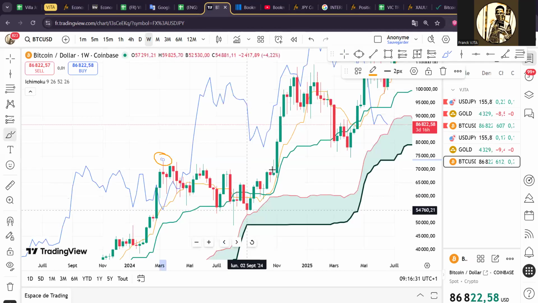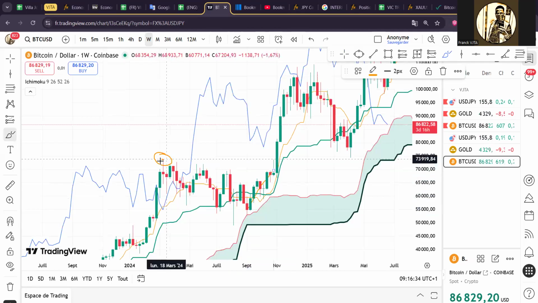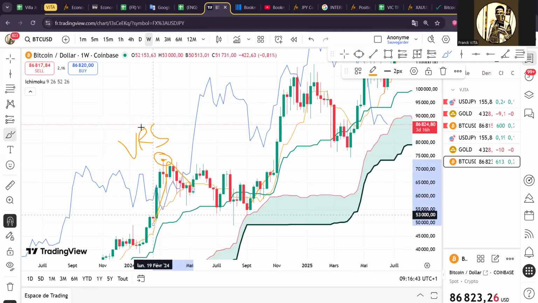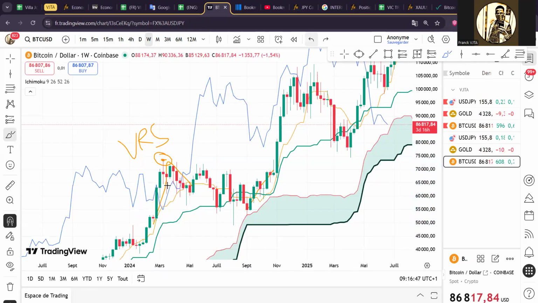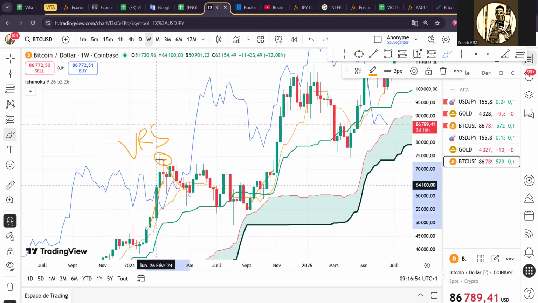The candles are moving to the upside like this. You look at the highest resistance to the left, what I would call VRS, because it is a V like this and it is a resistance, R for resistance, right? The candles are doing a sort of V shape like this, the highest point of resistance.